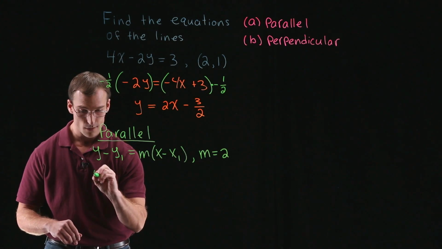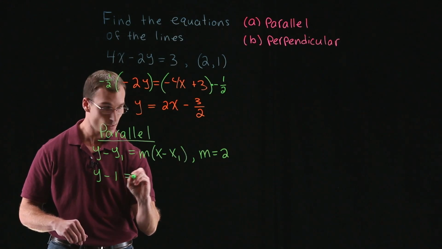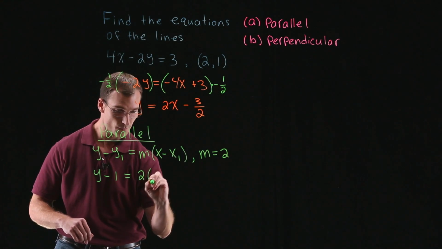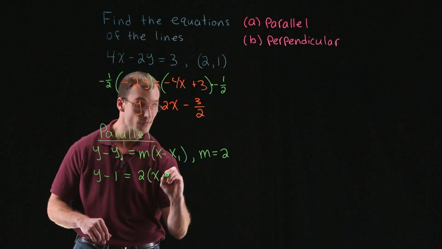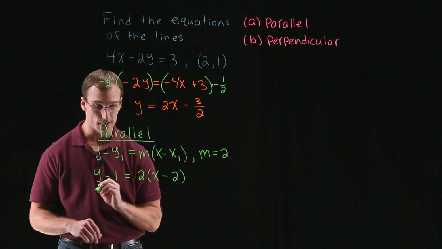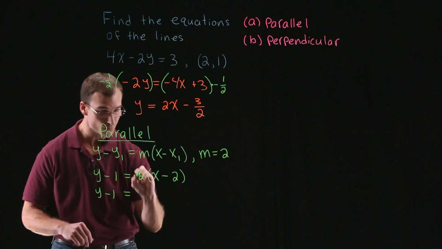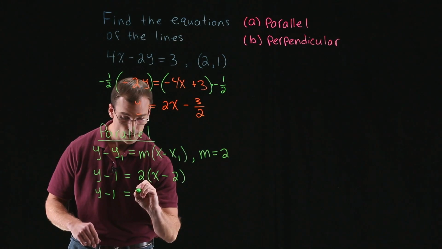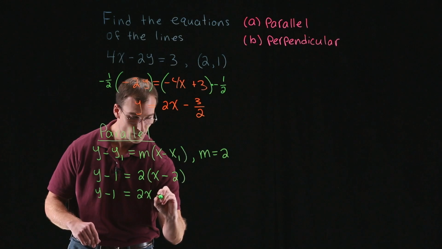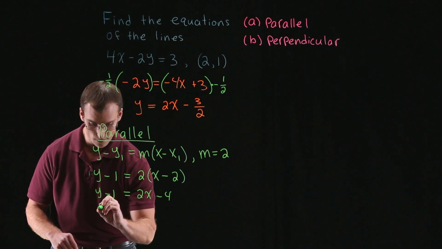Plugging those in, we'll have y minus 1 is equal to our slope 2 times x minus the x coordinate of 2. Now we can just simplify this. So we have y minus 1 is equal to, multiplying through with our 2, 2x minus 4, and add our 1 to both sides.